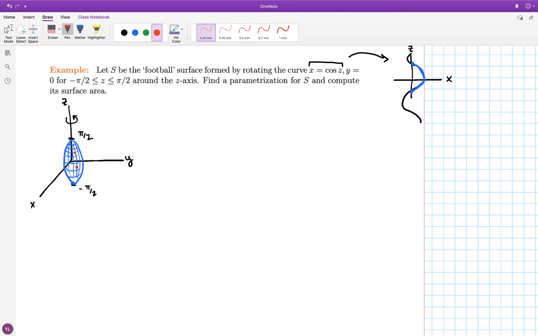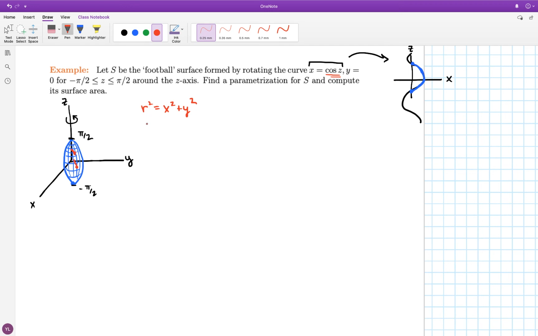If I draw a line from that point to the z-axis like this, really what I'm doing is drawing the r value of that point, where r is the polar coordinate. Then I already know that r squared equals x squared plus y squared. And I see that at any given point on the surface, that r value depends on z, just as the x-coordinate depends on z in the xz plane over here.